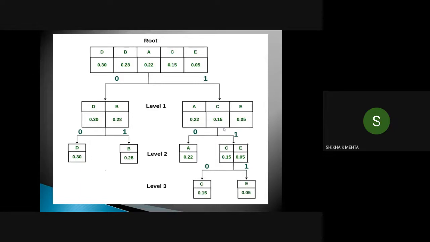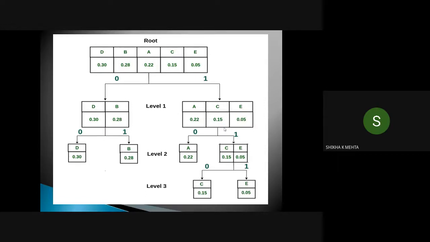If we try to split between C and A, there will be an imbalance between the two, so we split so that A is separate, because the sum total of C and E is closer to A. So we get A as a leaf node, assigning 0 on the left-hand side and 1 on the right-hand side. Then we are left with C and E, and we just have to split these two characters.